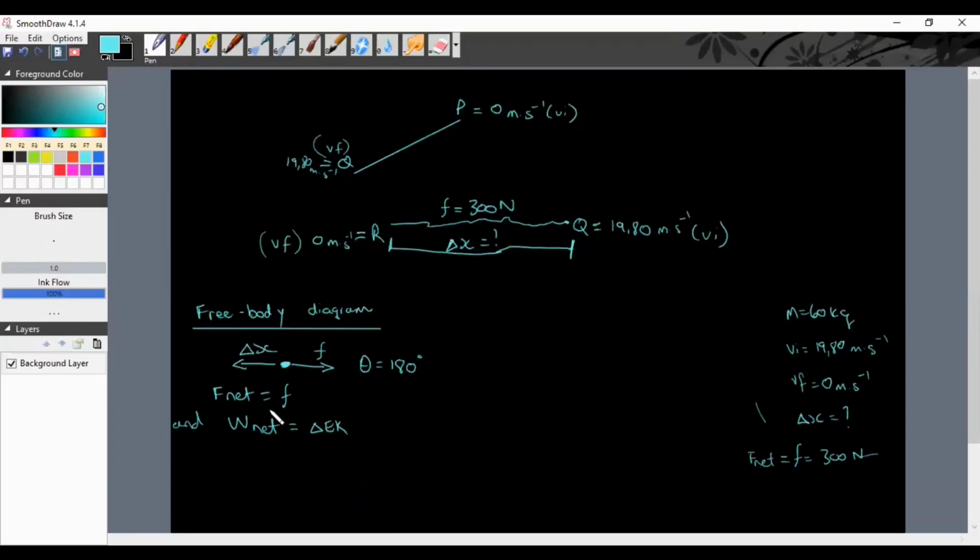Remember, another way of calculating net work is to use the net force: F net delta X cos theta is equal to the change in EK.